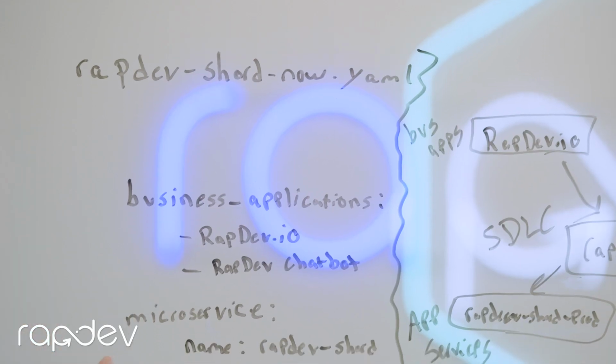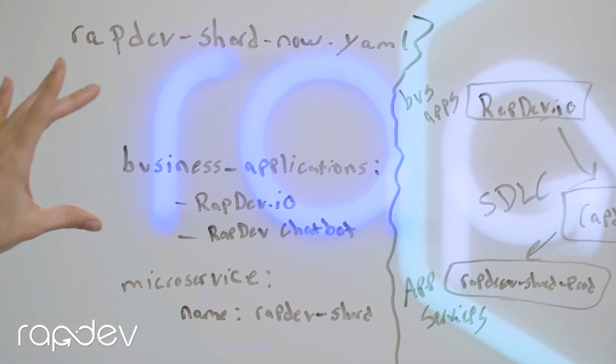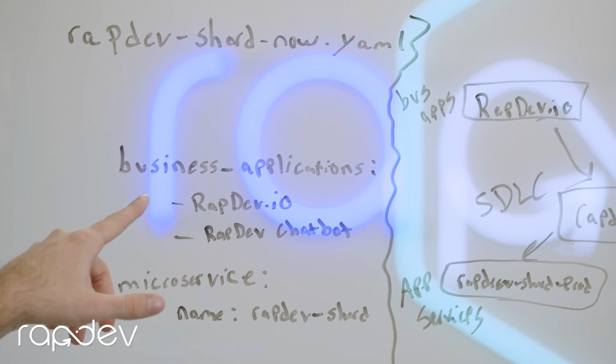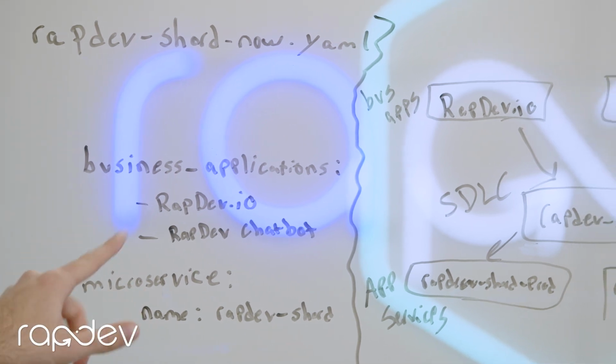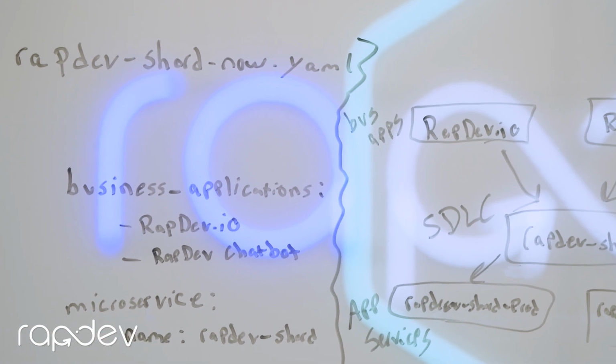What you list out in this YAML file is, first and foremost, your business applications, because you're going to be listing out whatever business applications are utilizing the microservice that the YAML file is actually for. So in this case, for the microservice RapDev shard, we know that the RapDev.io and RapDev chatbot business applications are utilizing the RapDev shard microservice.